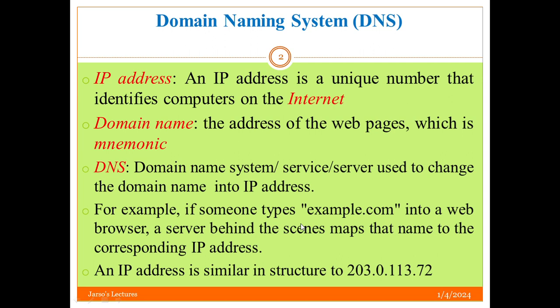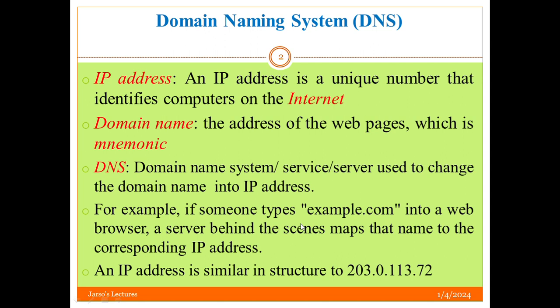But why we use the domain naming system is that it is somewhat difficult to remember each of the servers by their IP address, since millions of IP addresses and millions of servers are there, and also a domain name can be remembered more simply. For example, for YouTube, there is www.youtube.com.